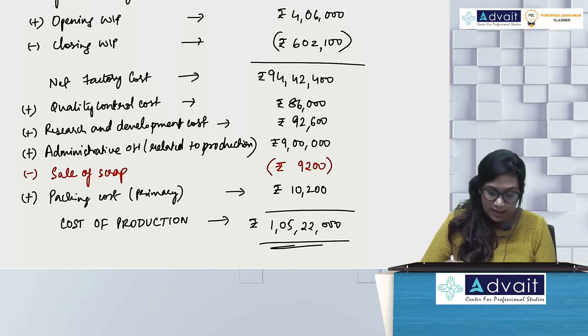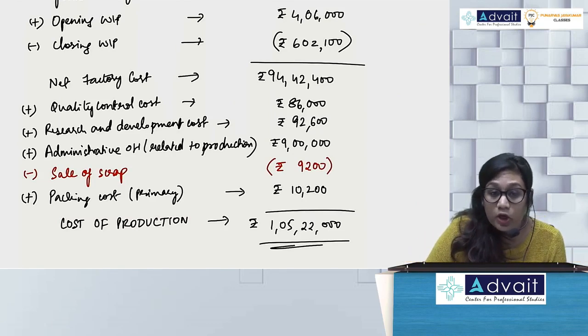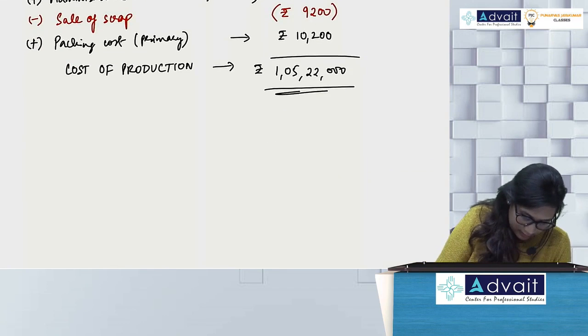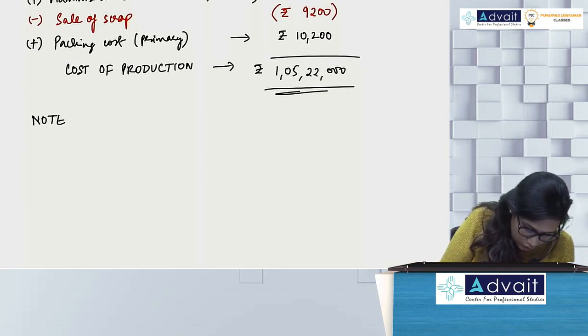गाइस ठीक है, लेकिन अभी ये प्रॉब्लम खत्म नहीं हुई है. क्यों नहीं हुई है? नोट लिखना है. लिखो नोट.